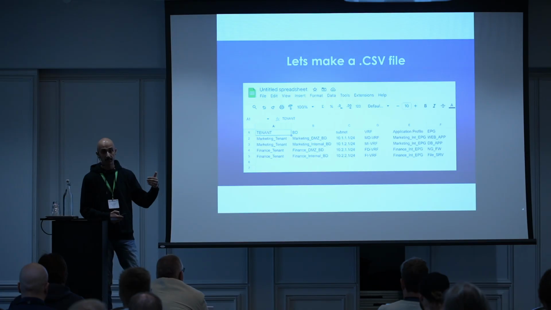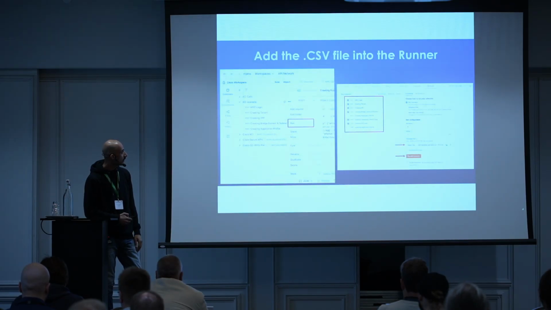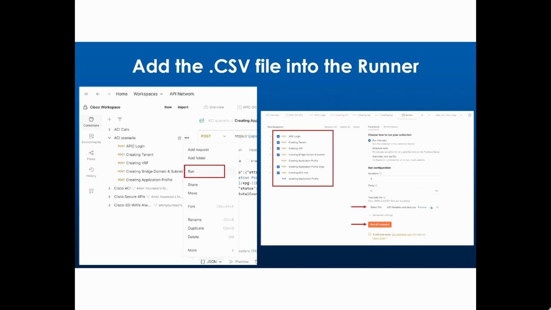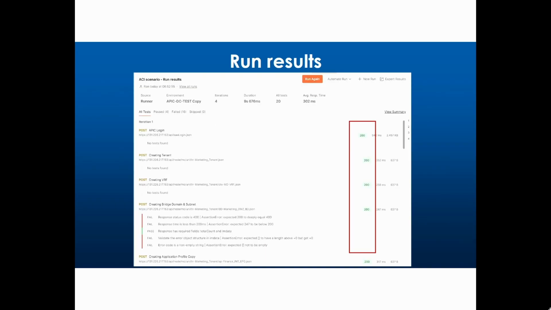So we prefer to create a CSV file with all of those values and variables, then use the Postman runner to upload that CSV file, and then pick and choose all of those ACI calls that we needed.